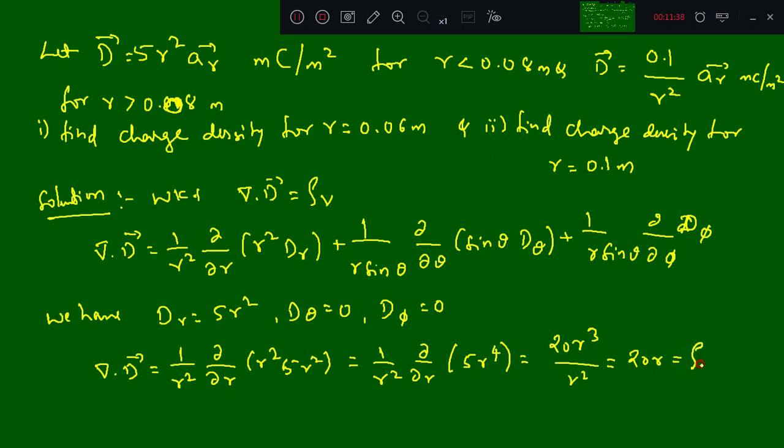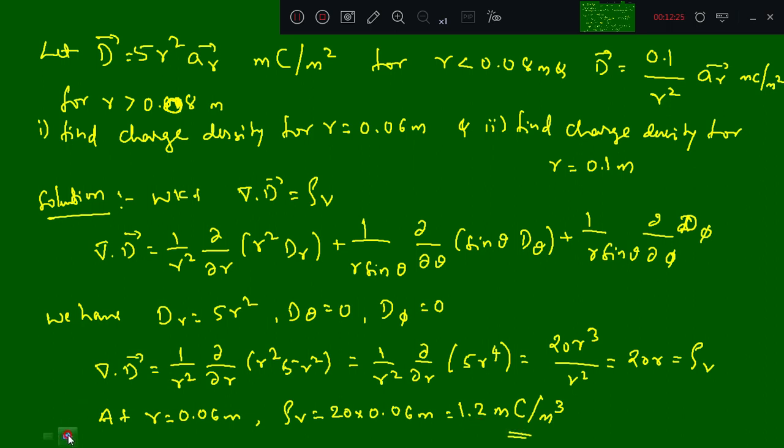So this is rho V. At r equal to 0.06 meters, rho V will become 20 into 0.06, which is 1.2 millicoulomb per meter cube. This is the first solution.